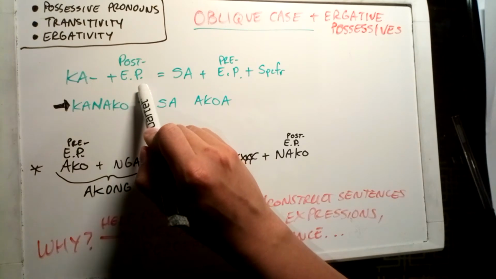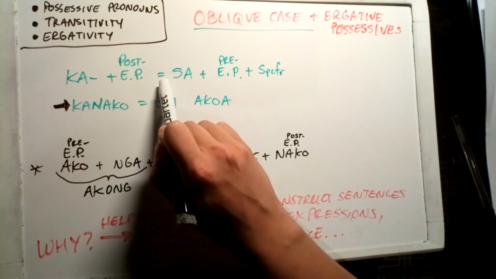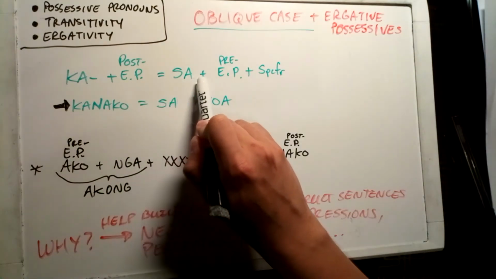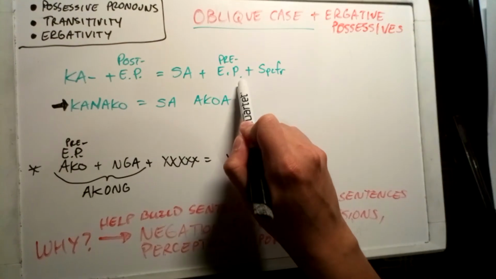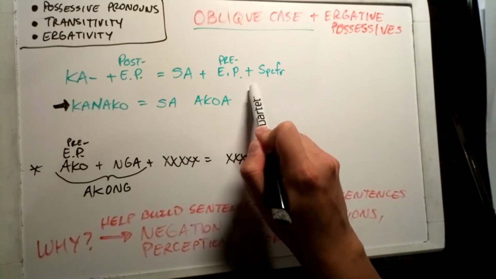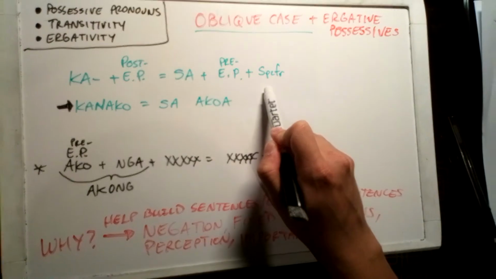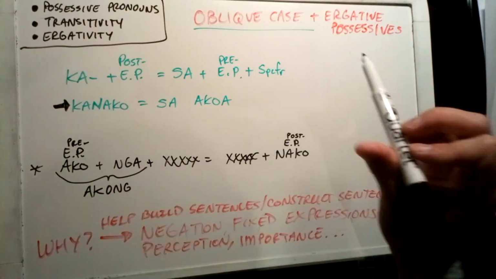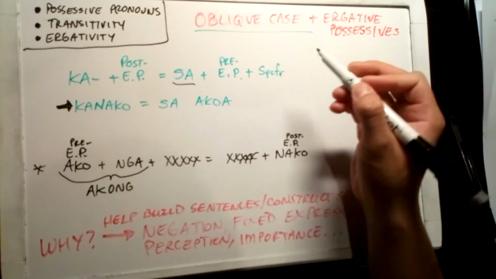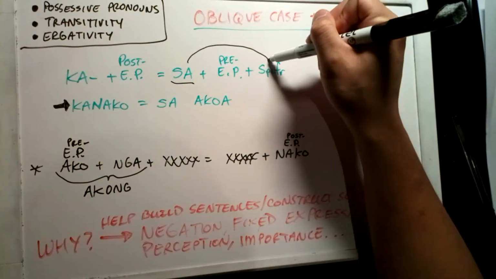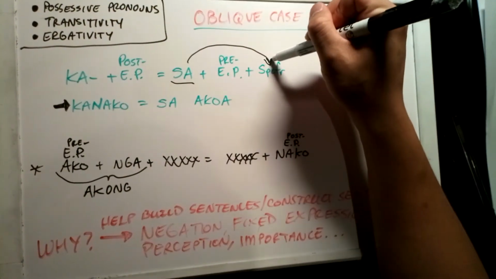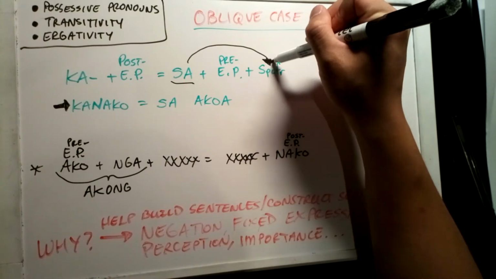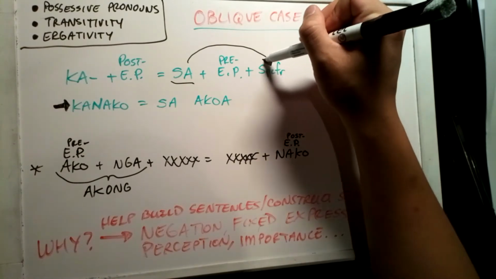So a post-ergative pronoun is the same as having sa plus your preposed ergative pronoun and a specifier. Why do we need a specifier? Look, we're talking about something in specific, right? That's why a specifier was triggered, because we had to use a specific marker.